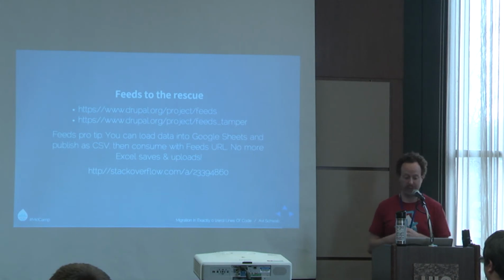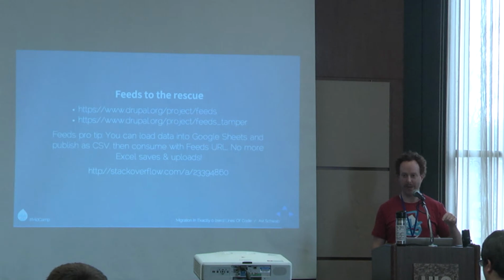If you do stuff in Google Sheets, you can publish your sheet as a CSV to the web and get a unique URL for that. You can take that URL and paste it into Feeds using the Feeds HTTP fetcher instead of the CSV upload. And then anytime you make changes in that sheet, with new Google Sheets, it's published to the web within seconds.